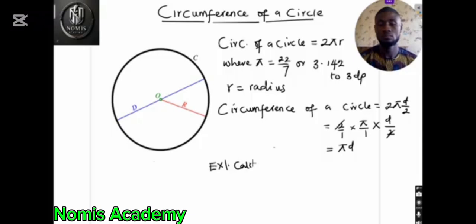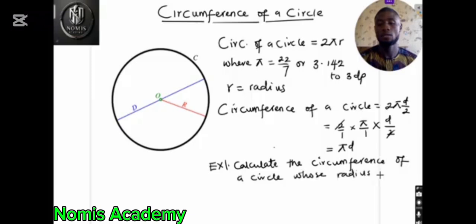Example number 1 says, calculate the circumference of a circle whose radius is 21 centimeter.